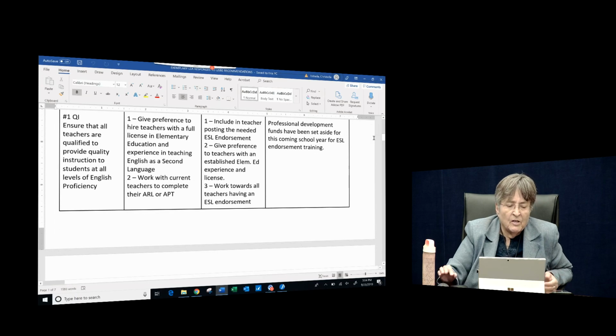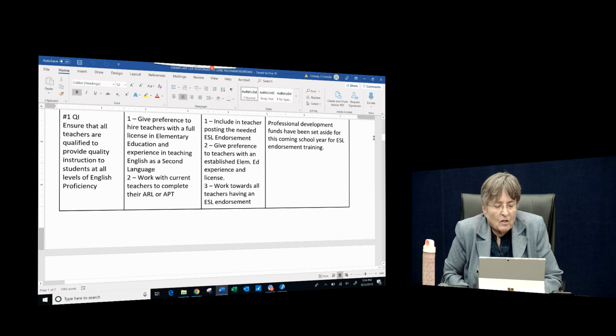They picked, ensure that all teachers are qualified to provide quality instruction to students at all levels of English proficiency. And of course, this is really challenging because it focuses on language acquisition, understanding differentiated instruction, understanding the WIDA key uses, designing instruction around a range of learning tasks based on the actual WIDA key uses in those four language functions and how it functions in the classroom.